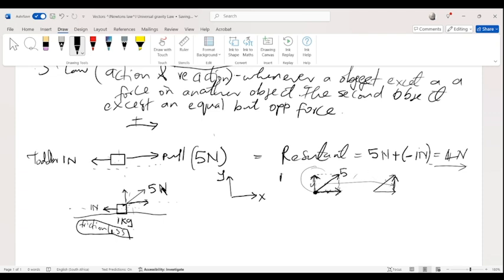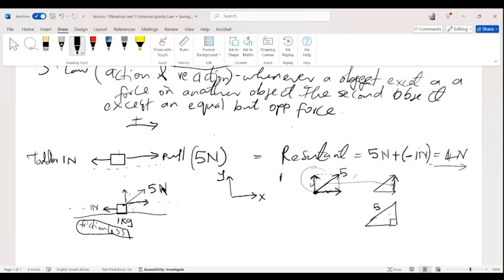So we have a triangle. We have a right angle triangle. Let us try to resolve this right angle triangle. Now, in order to resolve it, we have the following. This will be 5.